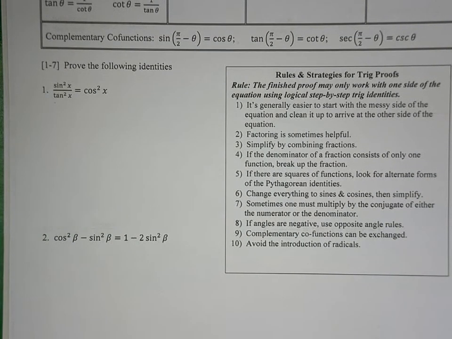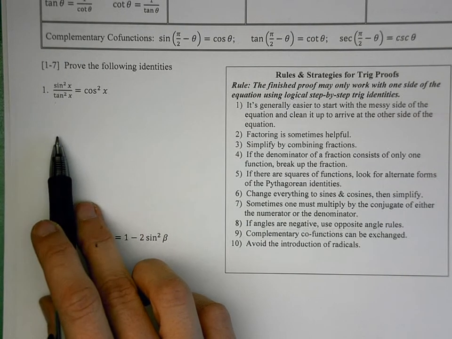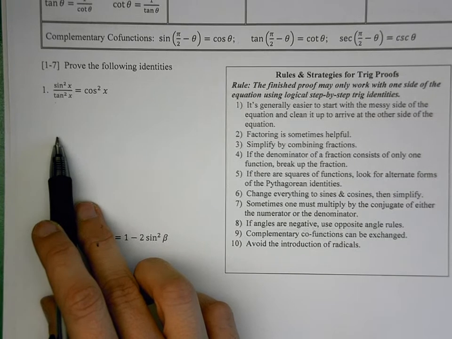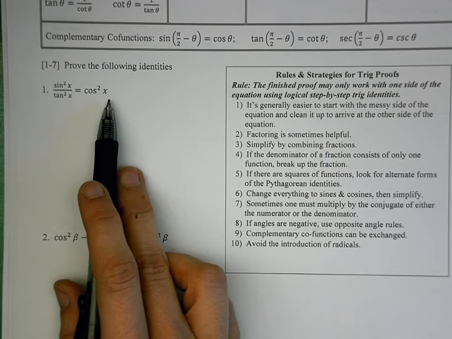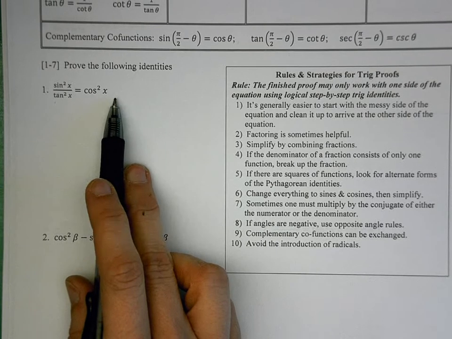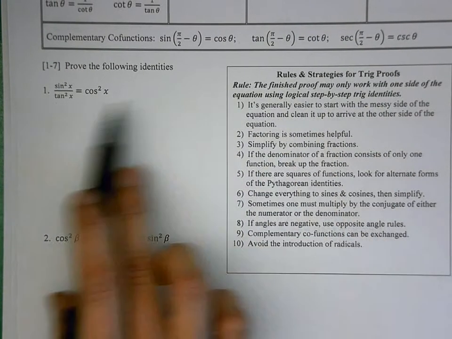Now, that being said, a strategy, and you'll hear me reference this even as we continue through our trig practice, is that if you are working with one side and you get stuck, on a different piece of paper or off to the side of your paper, try manipulating the other side. But again, you would do it elsewhere, because in a finished trig proof we can only work with one side.